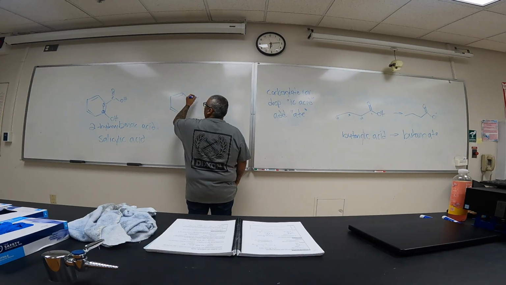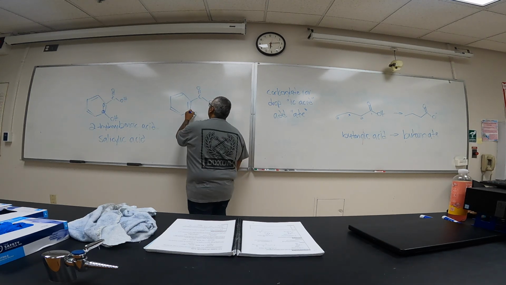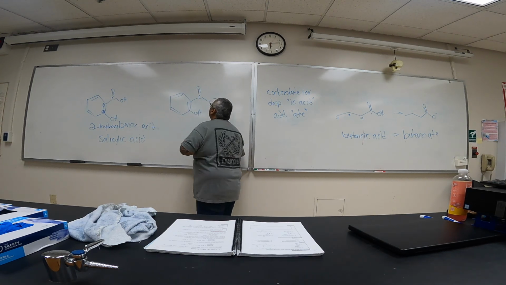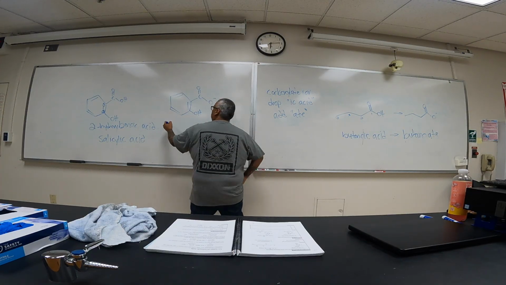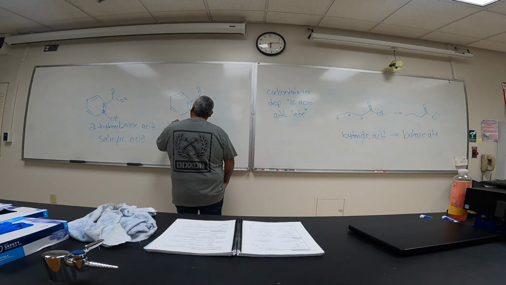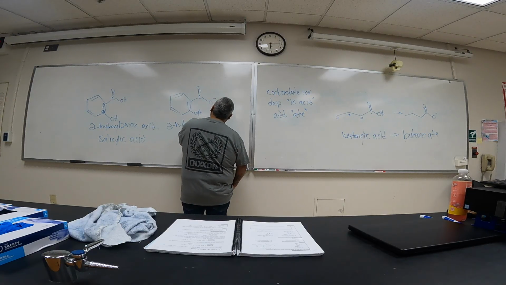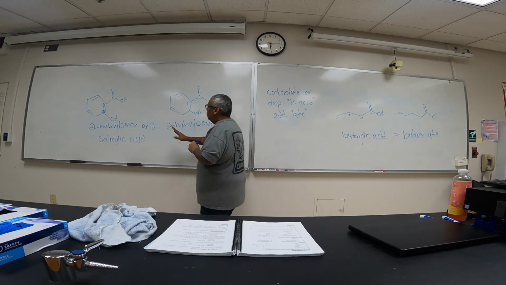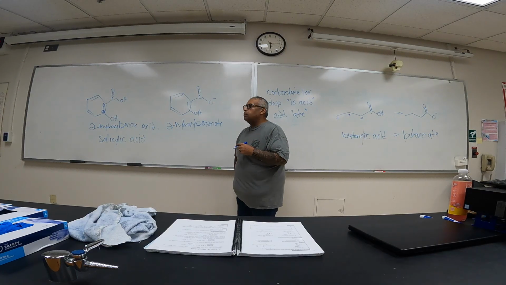I'm only going to do the common name for this. We could name it 2-hydroxybenzoate, and actually I'll write that down. So this is 2-hydroxybenzoate. We just removed the ic acid. We had ATE, so 2-hydroxybenzoate.